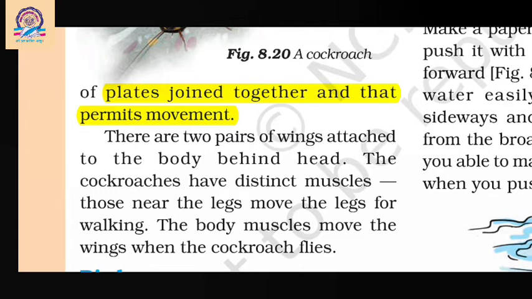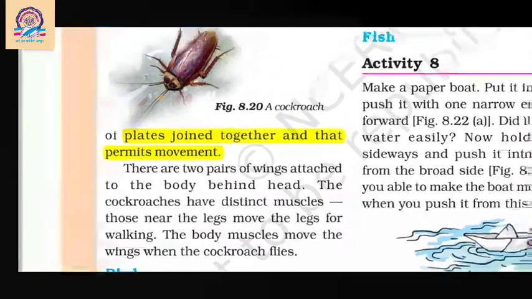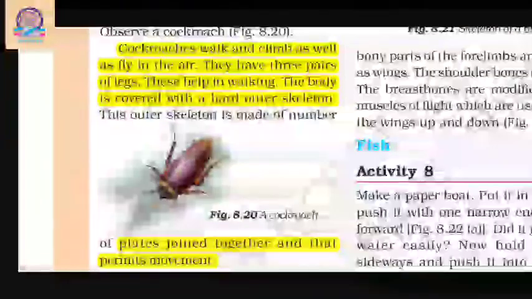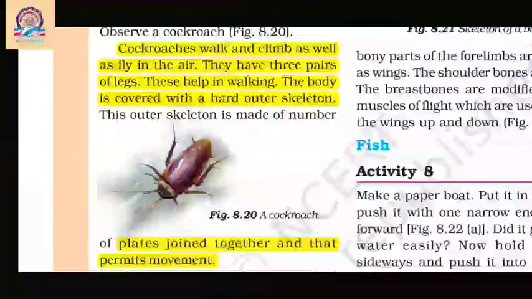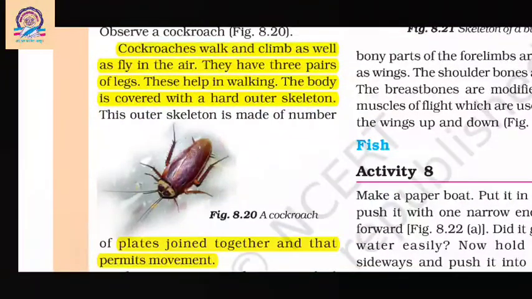With the help of muscles it can walk. It has two pairs of wings. It has three pairs of legs with the help of which it can walk, and it has plates with the help of which it allows movement. Is it clear how a cockroach moves?